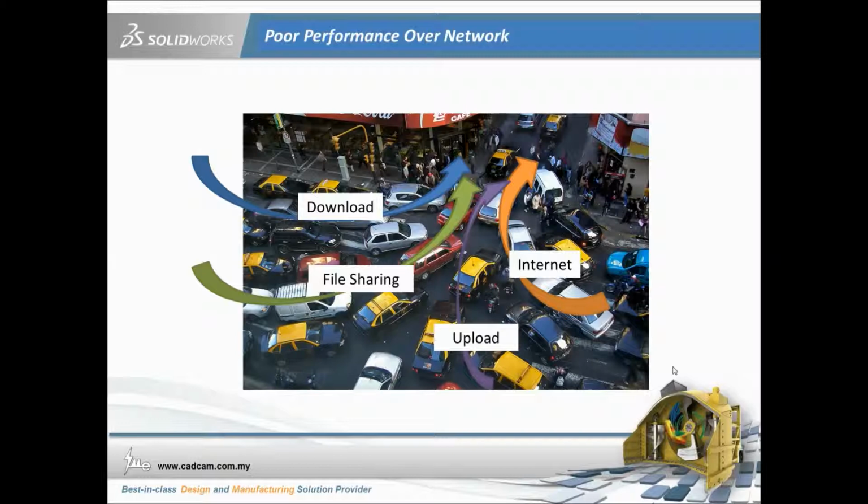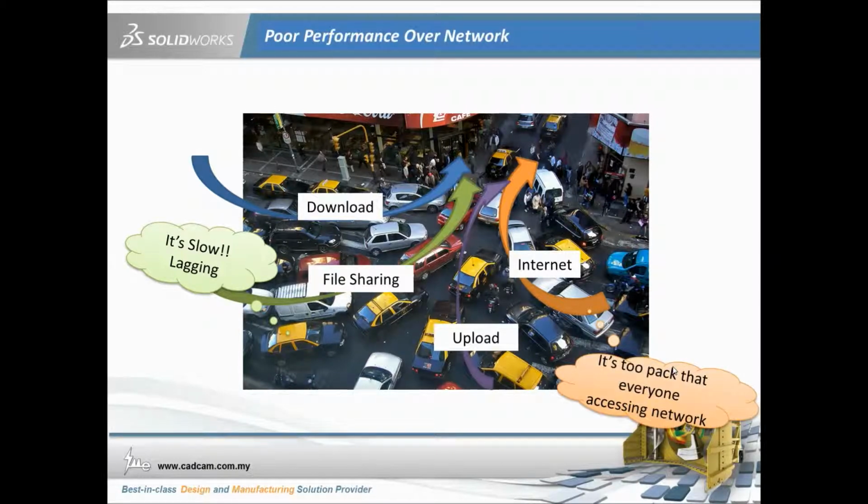Are you aware that if you have maybe 10 or 20 people in the company accessing the same network, the traffic or the bandwidth resources could be not enough for you to download, upload, access the internet, or put the file or save the file into the server? It will give you the potential of lagging and slow performance. It's too packed for everyone to access the network.